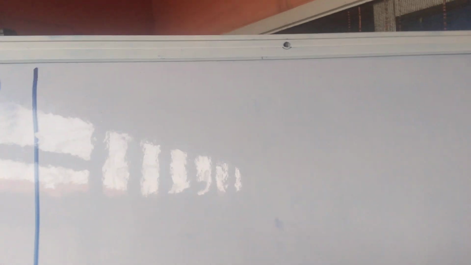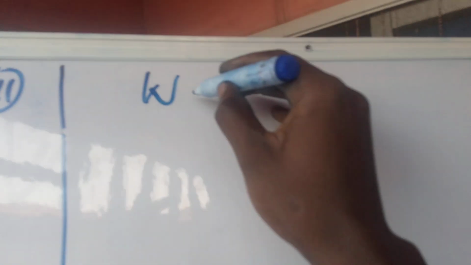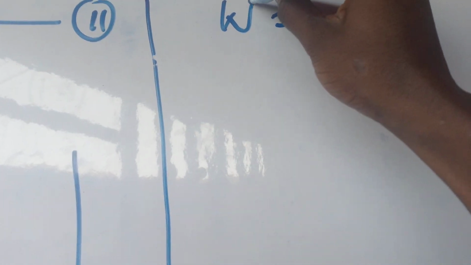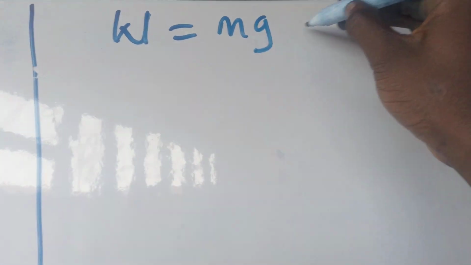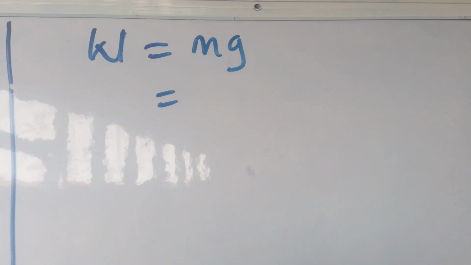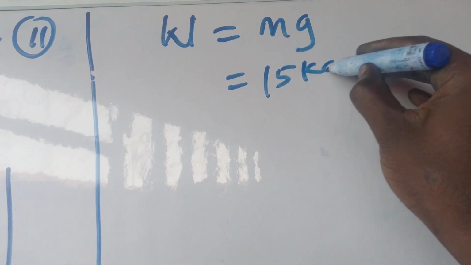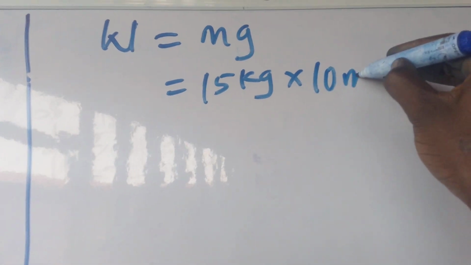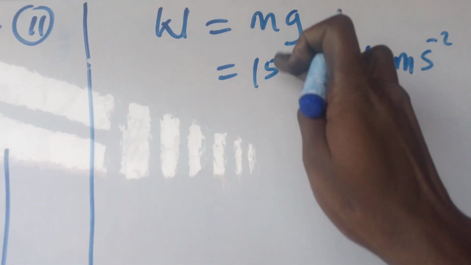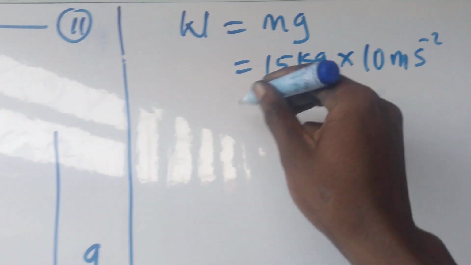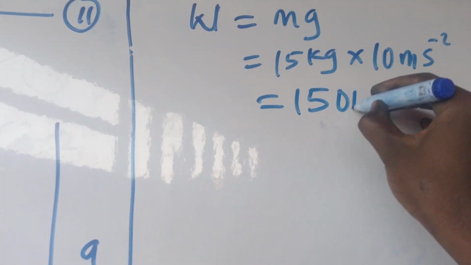Alright, so I'll first find the weight of the block. The weight is the mass times acceleration due to gravity, which is 15 kg times 10 meters per second square. That's 150 Newton.